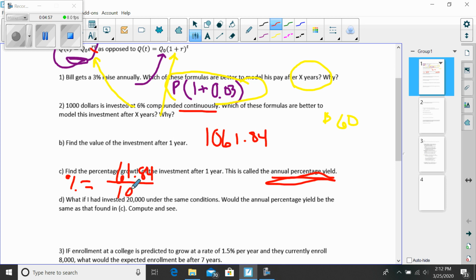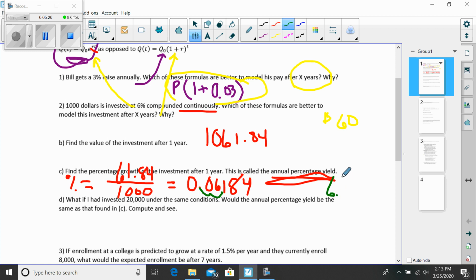And we don't need our calculator to do this because there are 3 zeros, so move it over 3 places. So my annual percentage yield is this, which as a percentage is 6.184%.